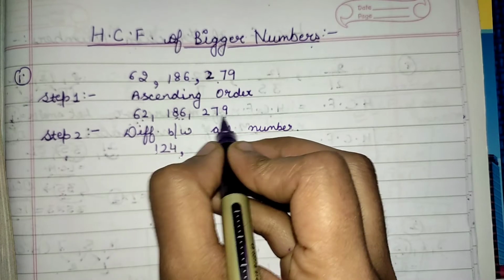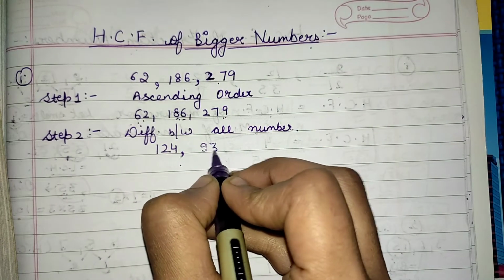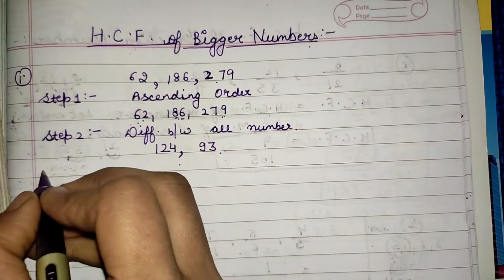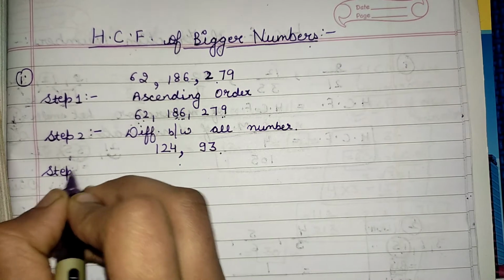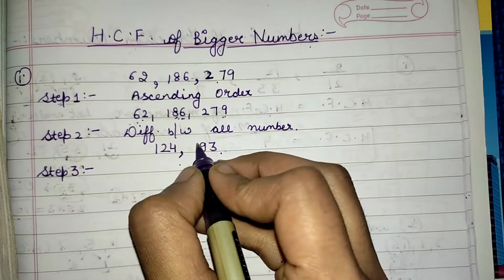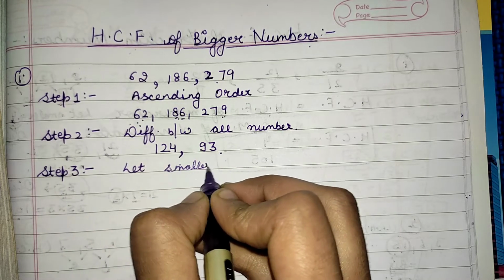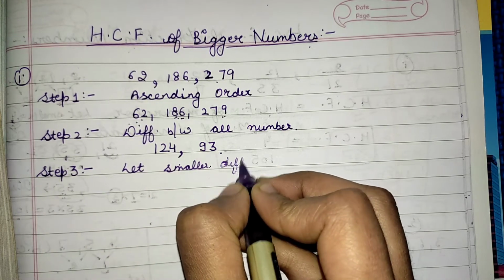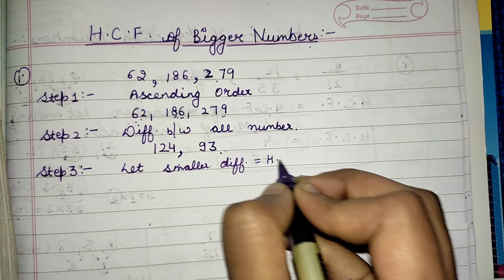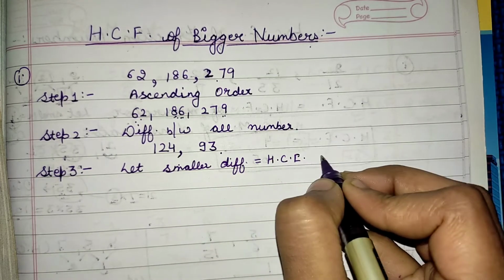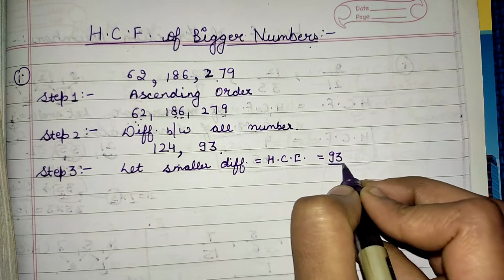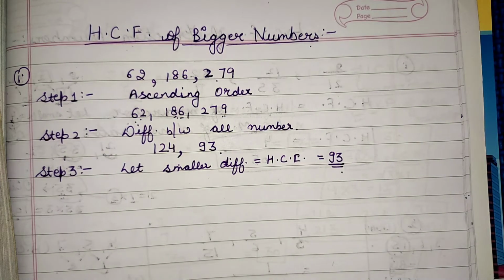And the difference between 279 and 186 is 93. Then step number 3 is, we imagine that the smaller difference is equal to HCF. So let us suppose that 93 is my HCF.